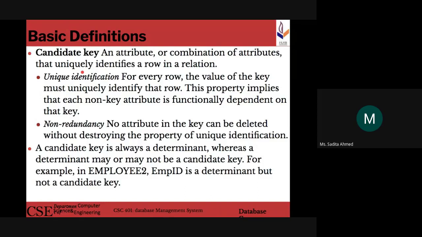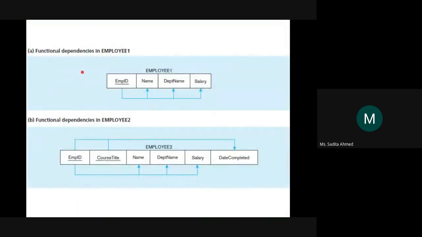What does that mean? Here, for example, why is MID the primary key? Because it can uniquely identify every single row of the employee relation or the employee table. That is, if we get a certain value of MID, that value will represent a single row uniquely.